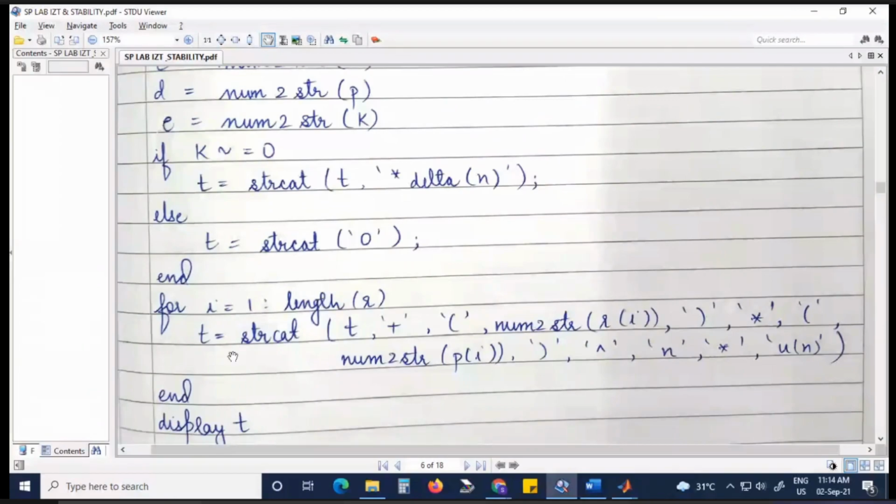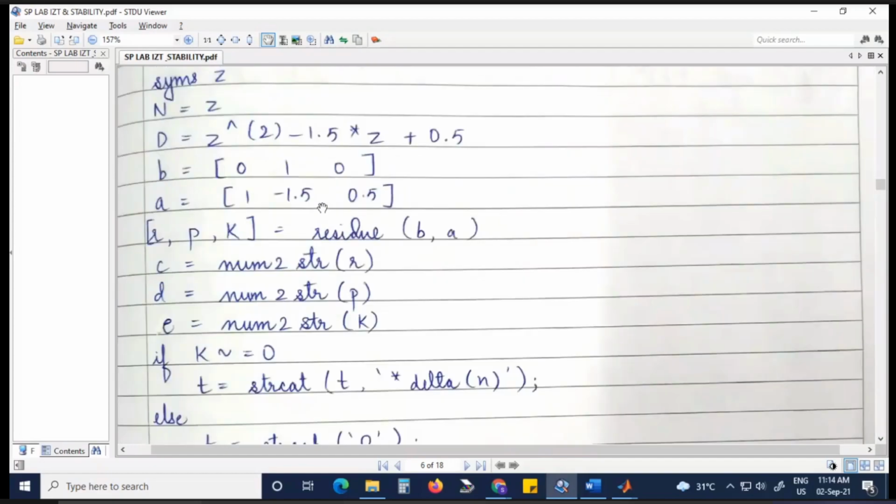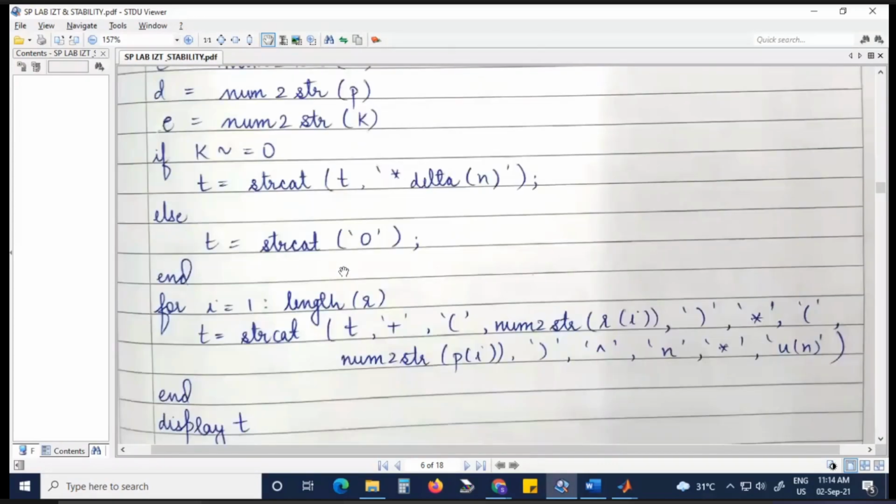Then T is equal to strcat. Here any previous value of T, stored with 0 if nothing is there, or with the delta function if something is there, will be concatenated, and it will be added with the character plus and a first bracket.